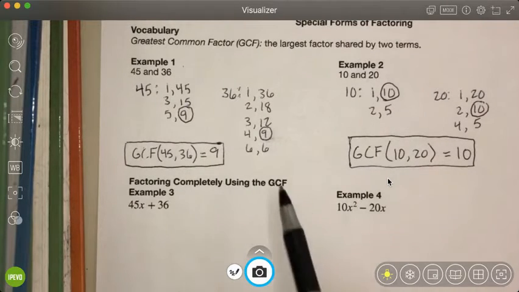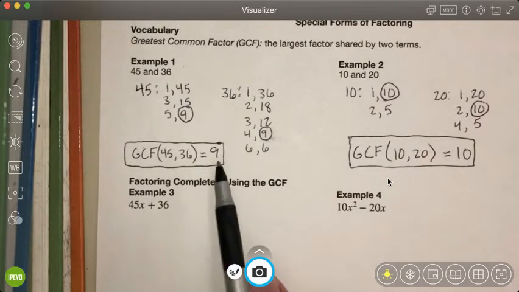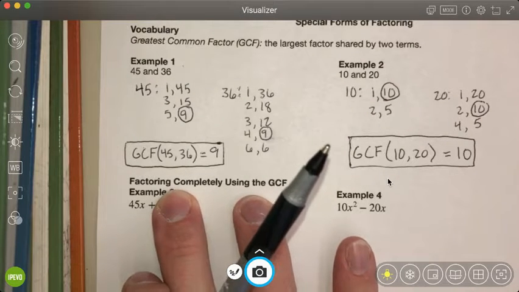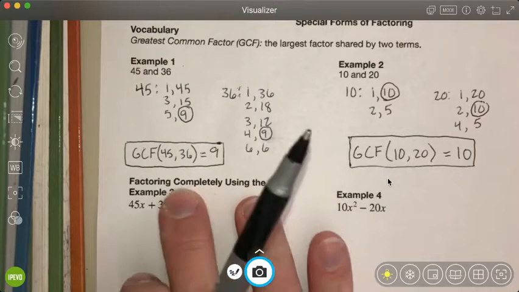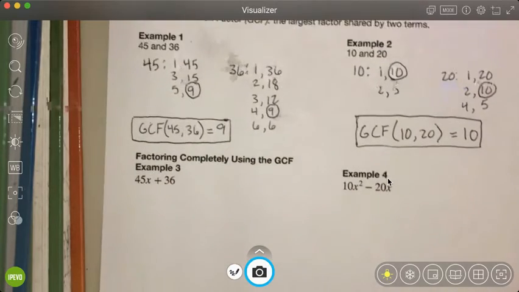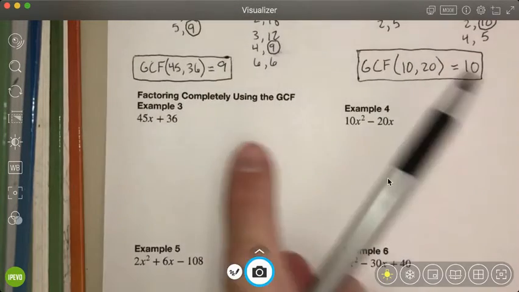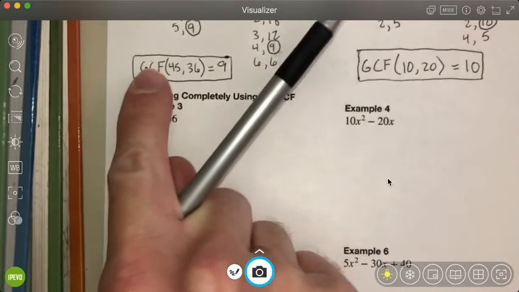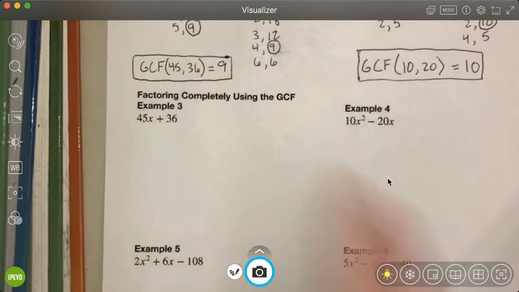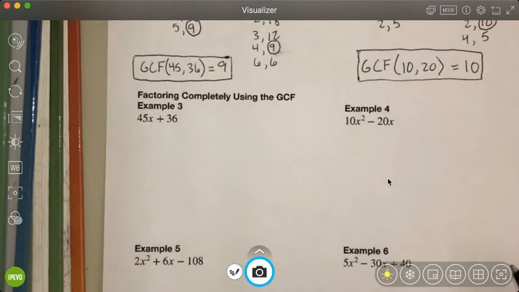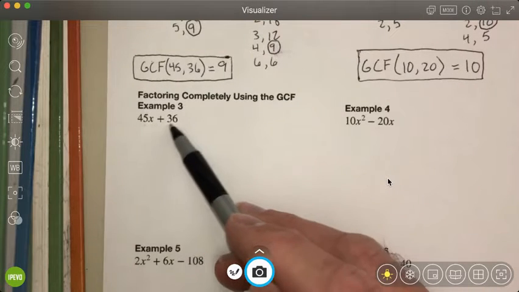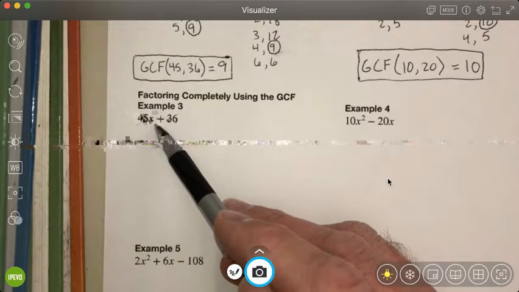We're going to use these two facts for the next piece, which is factoring completely. That term completely is really important here. Notice how I have a 45 and a 36, and we identified before that 9 is their greatest common factor. When I factor completely, I want to divide both of these by 9.